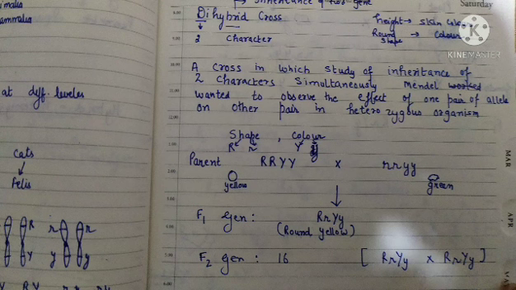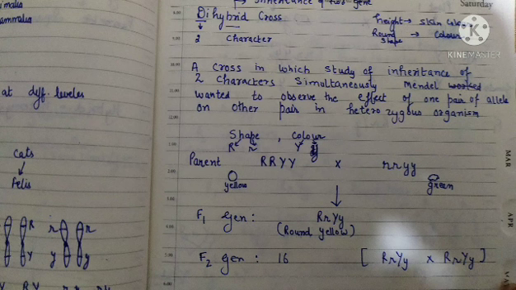For example, if we want to see whether there is any effect of seed shape on seed color, for that we study the dihybrid cross.